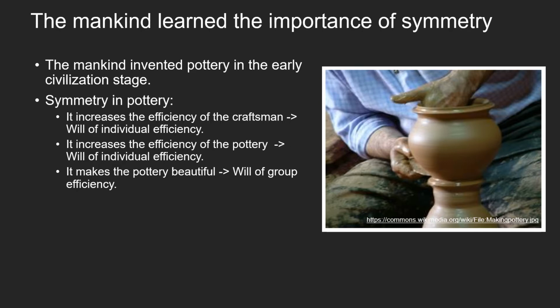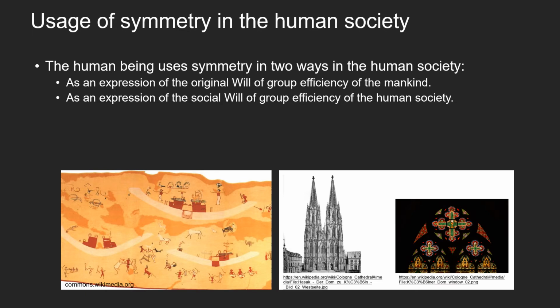The craftsman was driven by his will of individual efficiency and the will of group efficiency. He passed them to the pottery and later to his customers. The human being uses symmetry in two ways. First, symmetry as an expression of the original will of group efficiency of mankind.